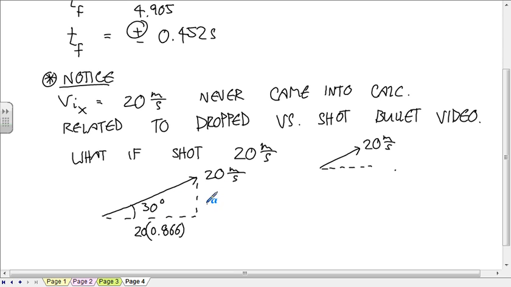And this component would be 10 meters per second. And it would take as long for the object to hit the ground as it would to shoot it straight up into the air with an initial speed of 10 meters per second, the y component of that initial velocity. Okay? So that's how that thing works with the x and y components being totally independent. Figure out the y component of that velocity, and the y motion will be exactly the same.